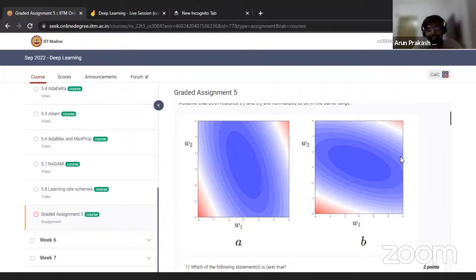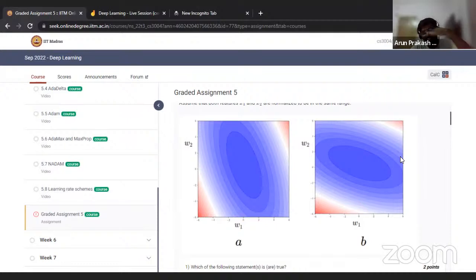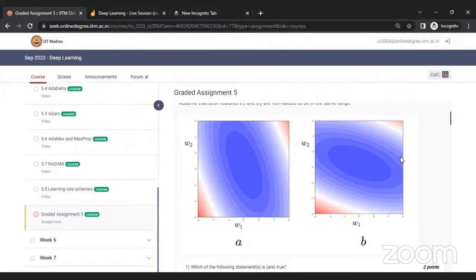No, that's wrong. It's a perceptual problem. W1 is actually the x-axis, right? So if you really want to see how W1 changes, you have to move horizontally, not vertically, left to right or right to left.